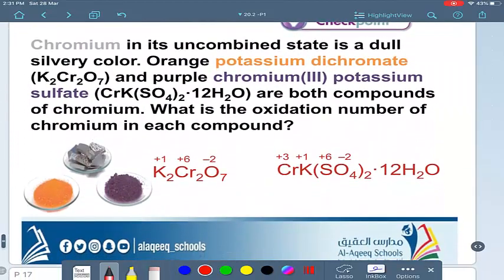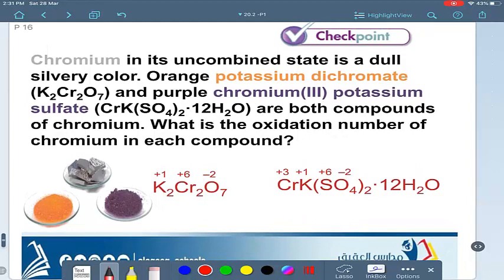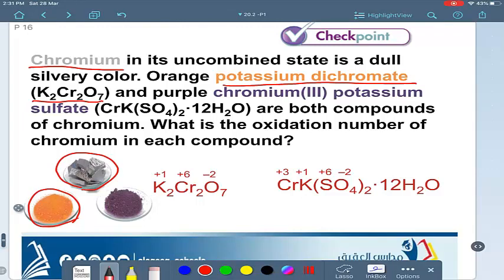Let's move to this example as well. We have the chromium element in its uncombined state like this, dull and silver in color. If it reacts with potassium and is oxidized, it forms a compound called potassium dichromate, which is an orange compound.